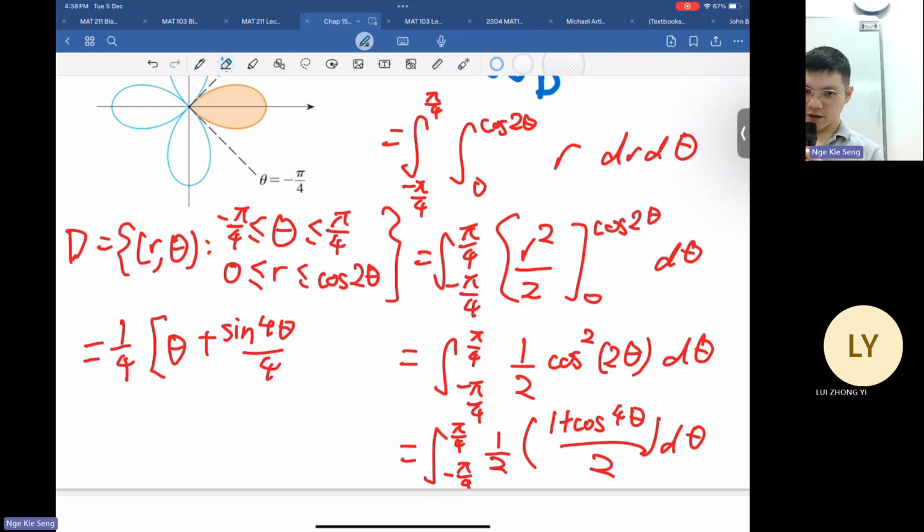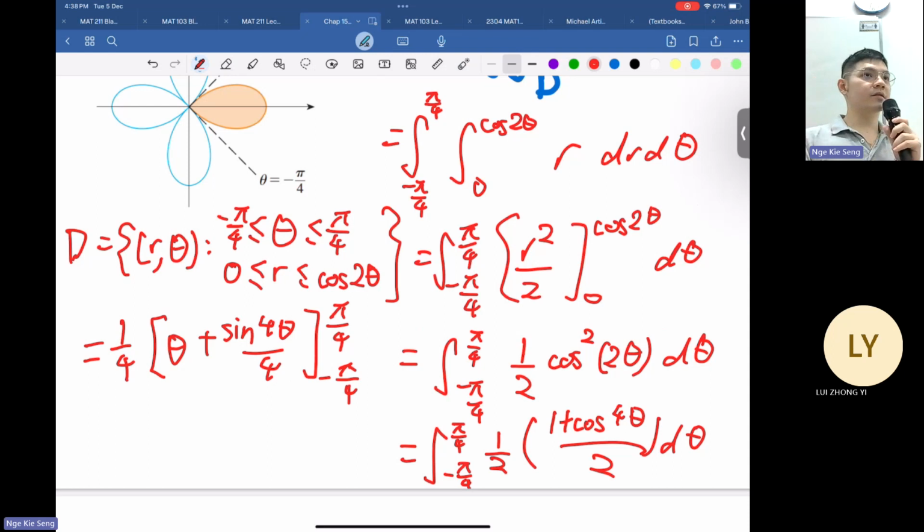Okay, and then what should I get? You compute this integral. What should I get for the answer?